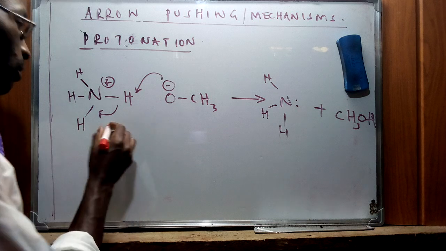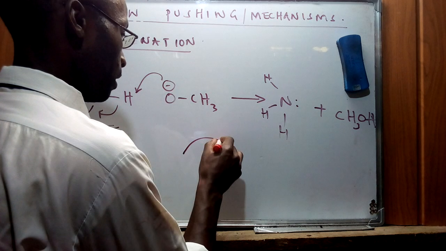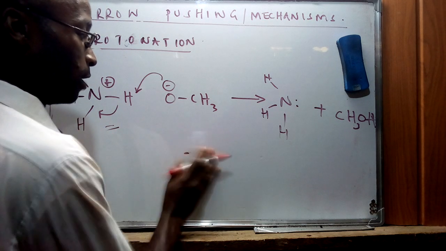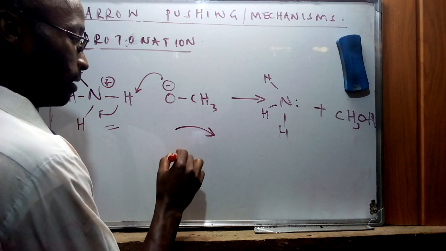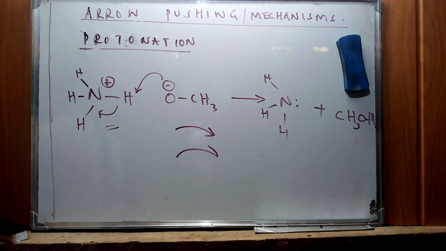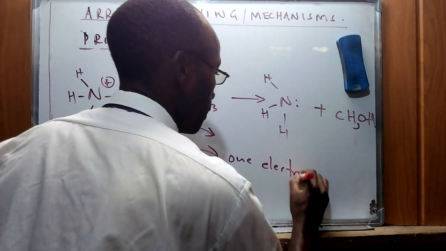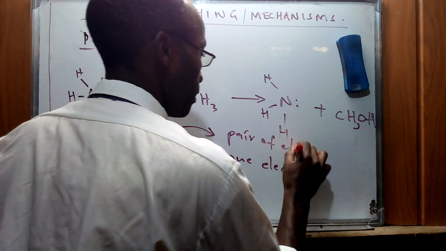Basically this shows the movement of lone pairs of electrons. There are some cases where we're going to use curled arrows like this. If I indicate this arrow using those two specific points, there's a difference between that one and this half arrow. The half arrow shows the movement of one electron, whereas the full arrow displays a pair of electrons.